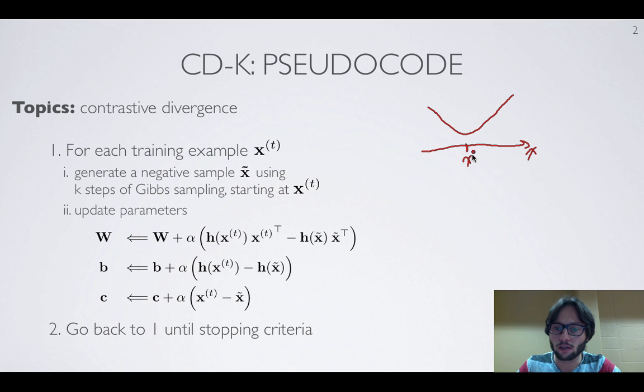So what CD does to get an x tilde is that it starts Gibbs sampling there, and what Gibbs sampling does is that it essentially jumps like this, and say I do k steps, then maybe Gibbs sampling would essentially fall, say, on that point here. It doesn't go much beyond that point because the energy is much higher here, so the probability of sampling in these points here is actually quite small.